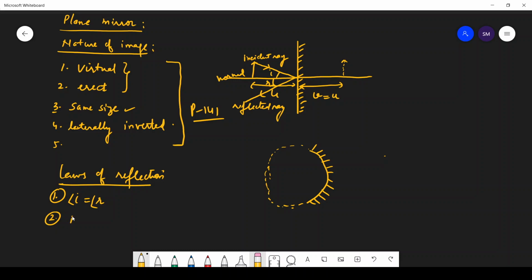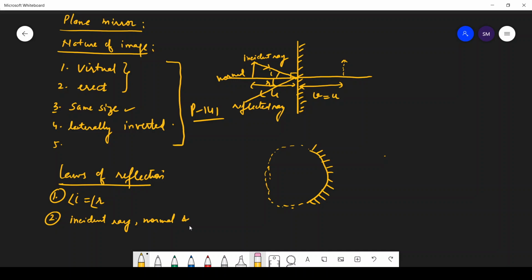So incident ray, normal, this is normal to the mirror, right, at the point of incidence. So the normal is at the point of incidence and perpendicular to the mirror's reflecting surface.